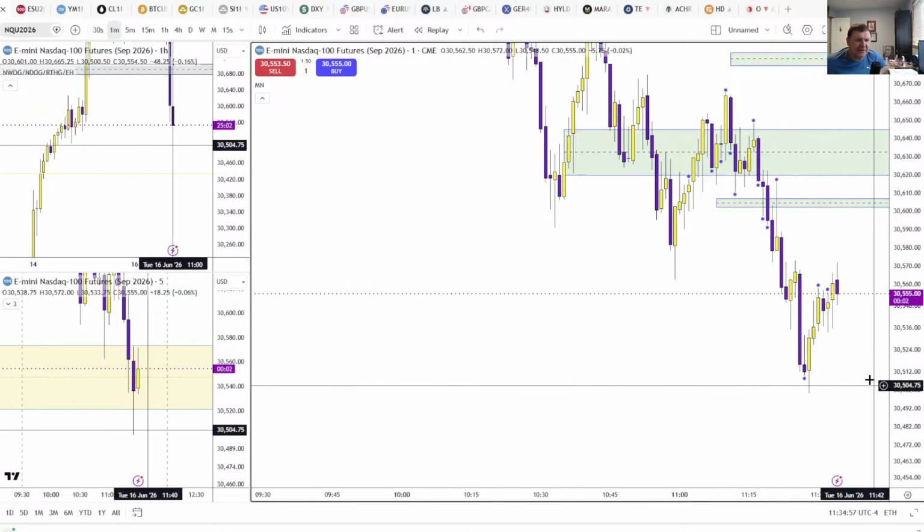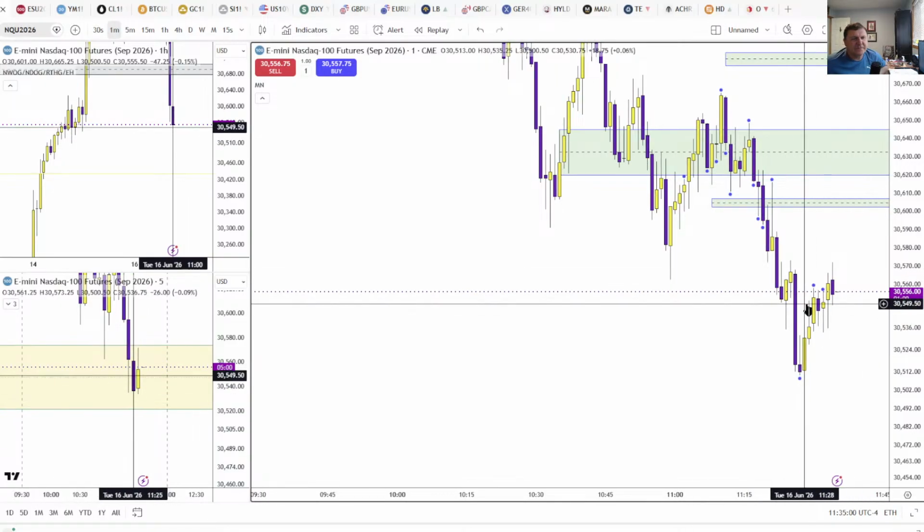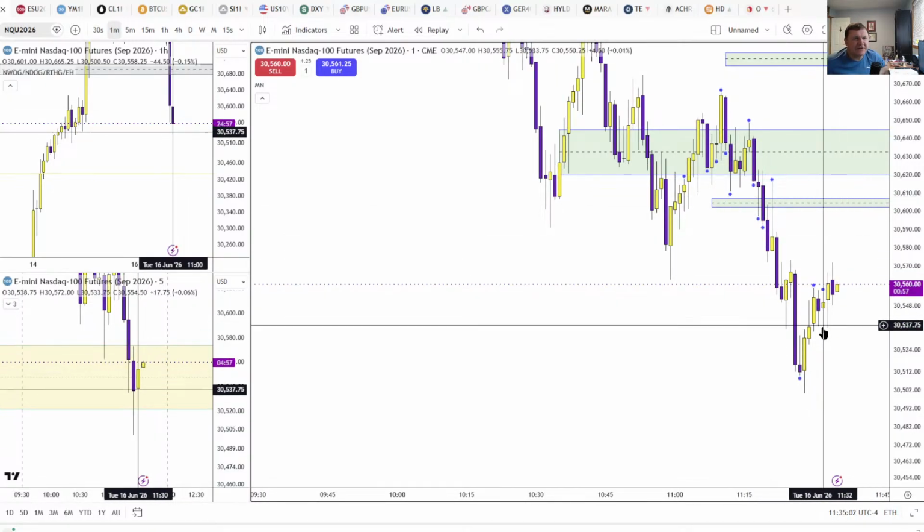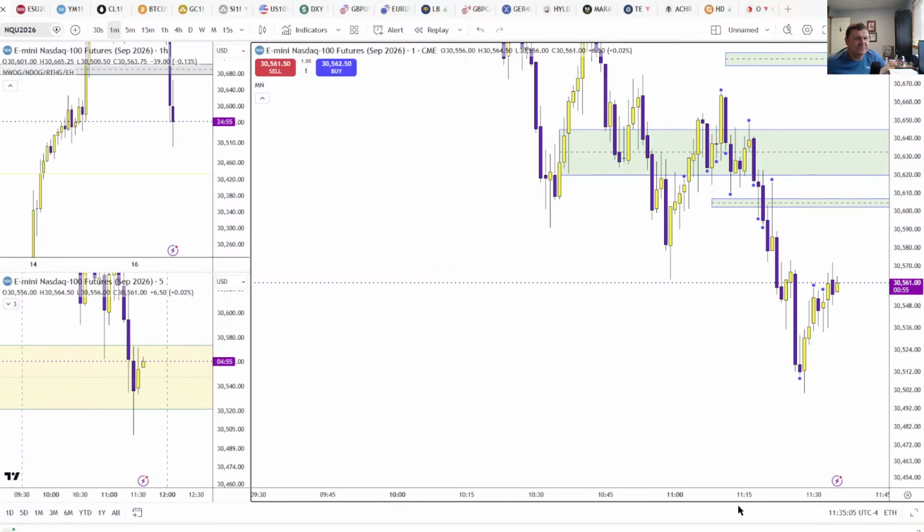See if this holds down, comes lower, or if this now translates to going back into this range.